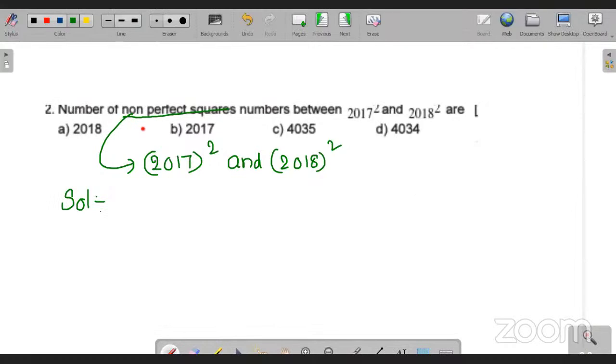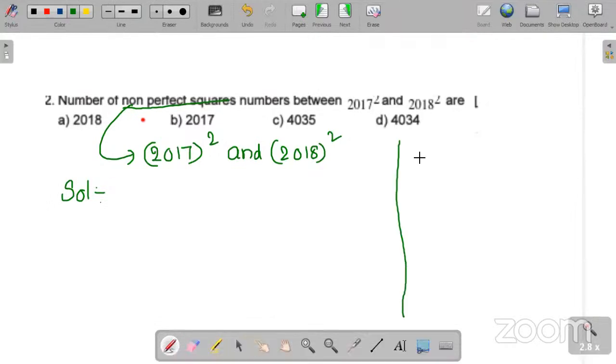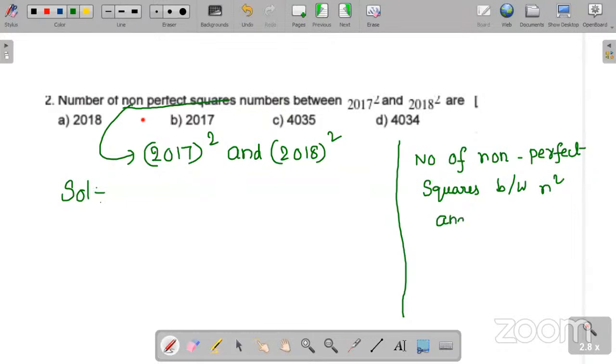Right, so we have one formula. The number of non-perfect squares between n square and (n plus 1) whole square, where n and n plus 1 are two consecutive numbers, is equal to 2n.